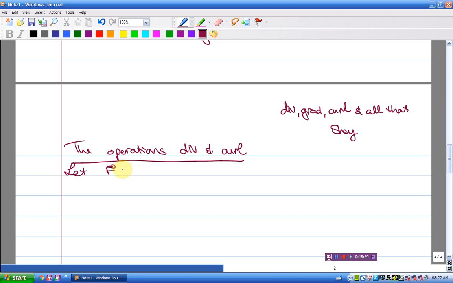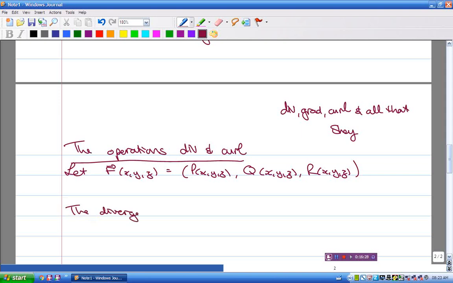Okay, so let's define div and curl. Let's say we have a vector field where its component functions are called P, Q, and R. The divergence, or div, of F measures the outward flow of fluid from a point.